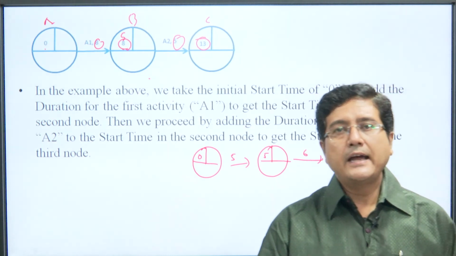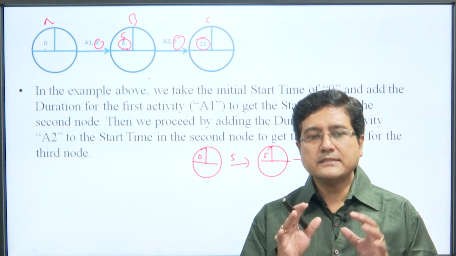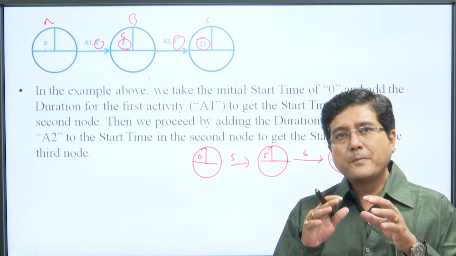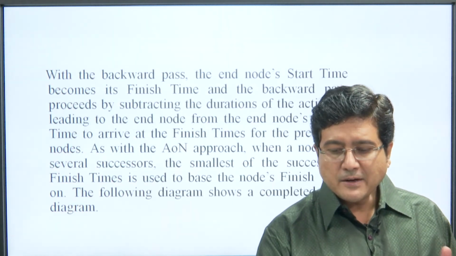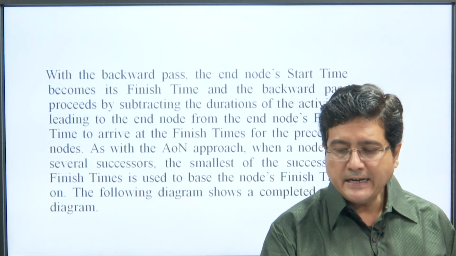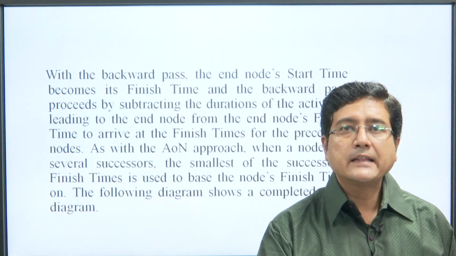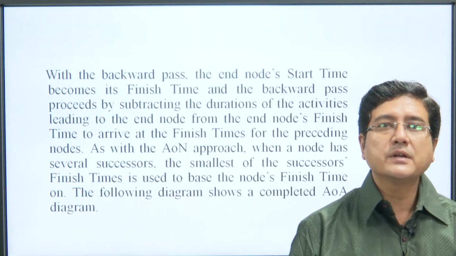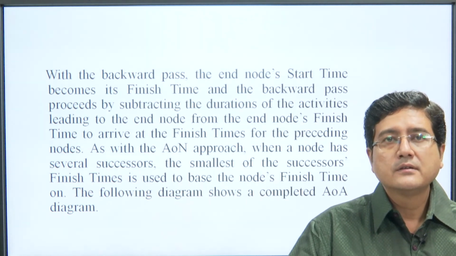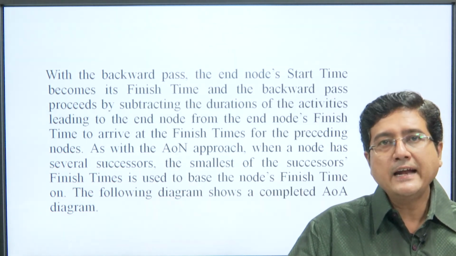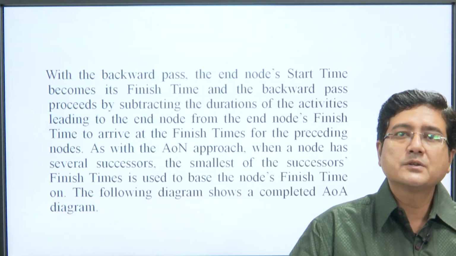So, activities depend on each other, and they represent the various time duration processes. With the backward pass, the end node's start time becomes the finish time, and the backward pass proceeds by subtracting the duration of the activities led by the end node from the end node's finish time to arrive at the finish time of the preceding node.